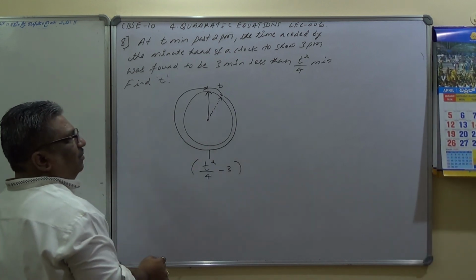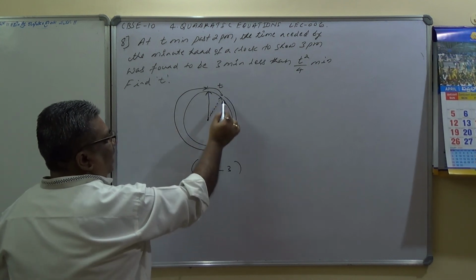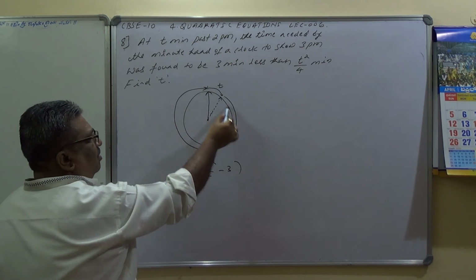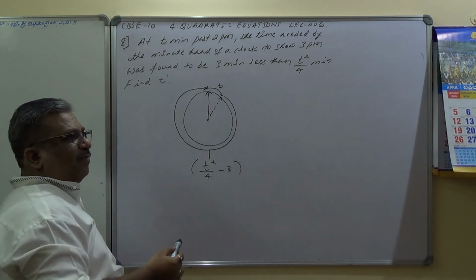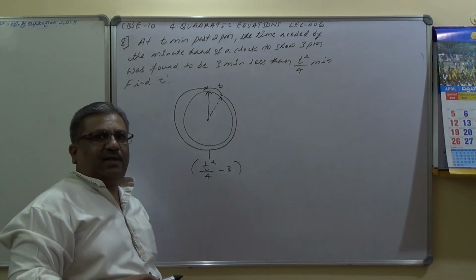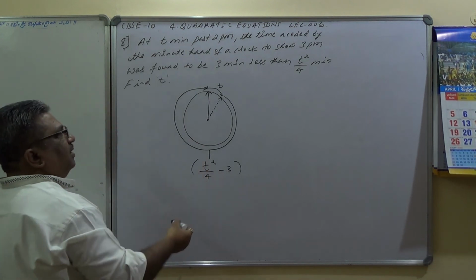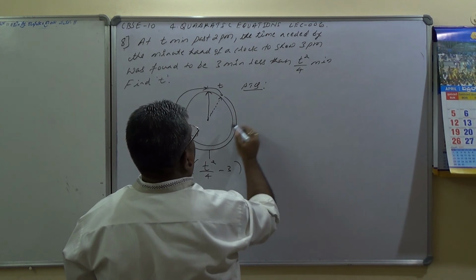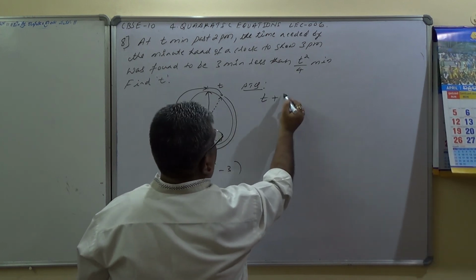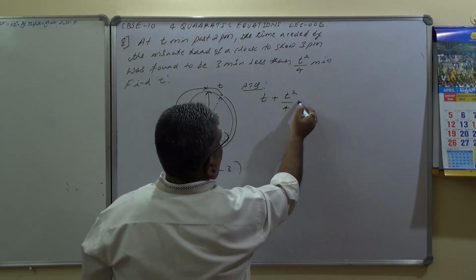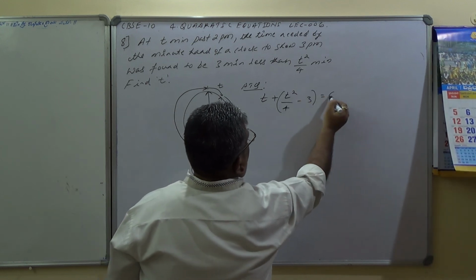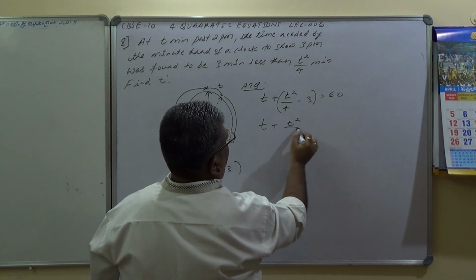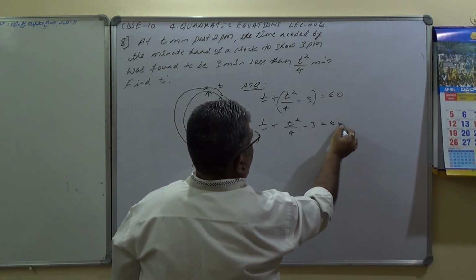So how do you find it now? t plus t square by 4 minus 3 is equal to 1 round of the minute hand, which is 60 minutes. Therefore, according to the question, the equation is t plus t square by 4 minus 3 equals 60.